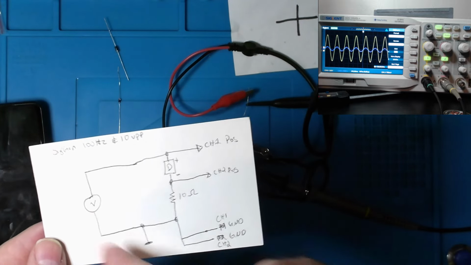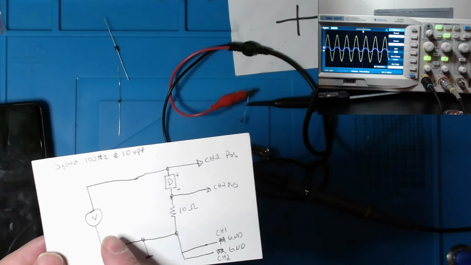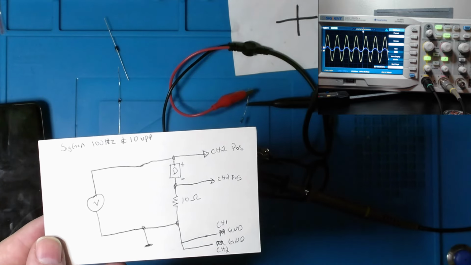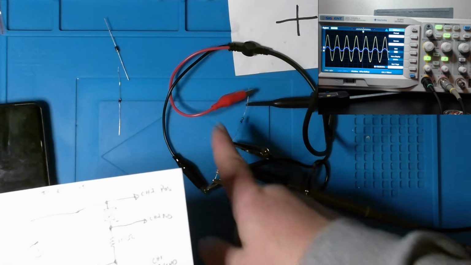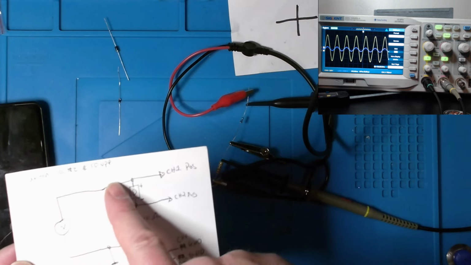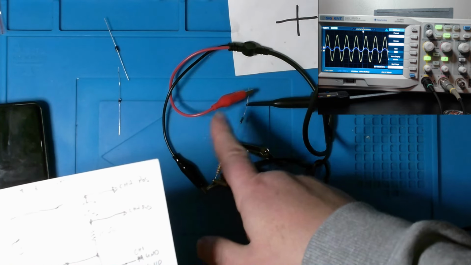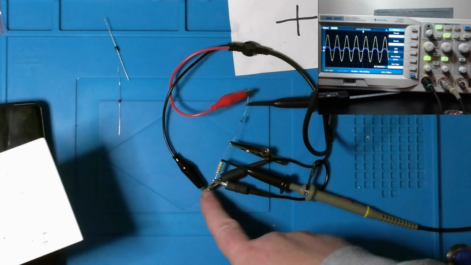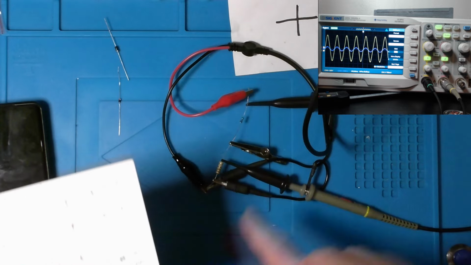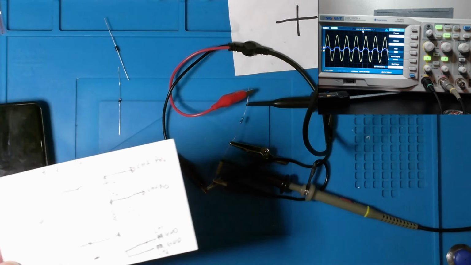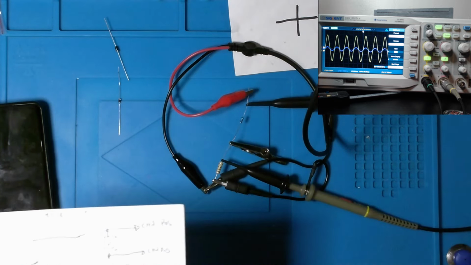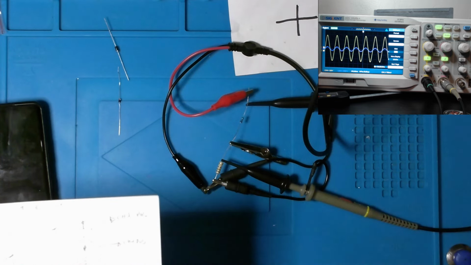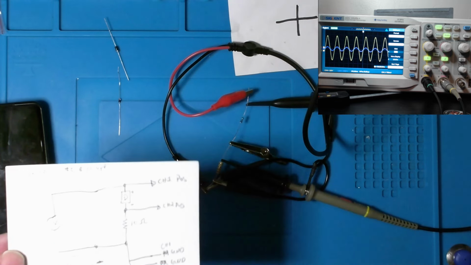Our SIGGEN is set to 100 hertz at 10 volts peak to peak, okay? And the positive side of my output signal is going to the top here, negative side going to the bottom here of whatever probe or connector I have hooked up to my SIGGEN. This one, 50 ohm cable BNC on one end, gator clips on the other.